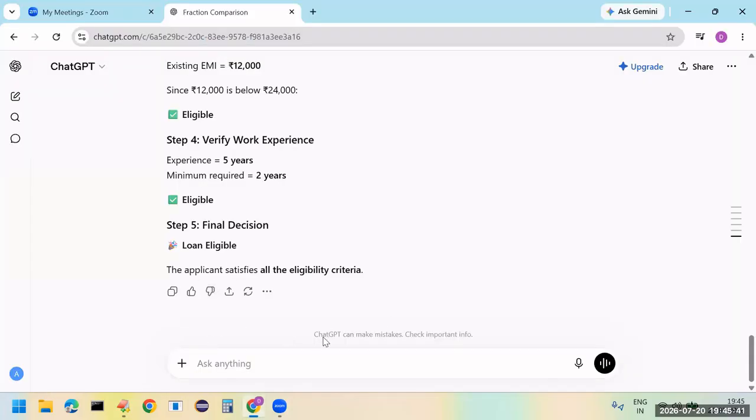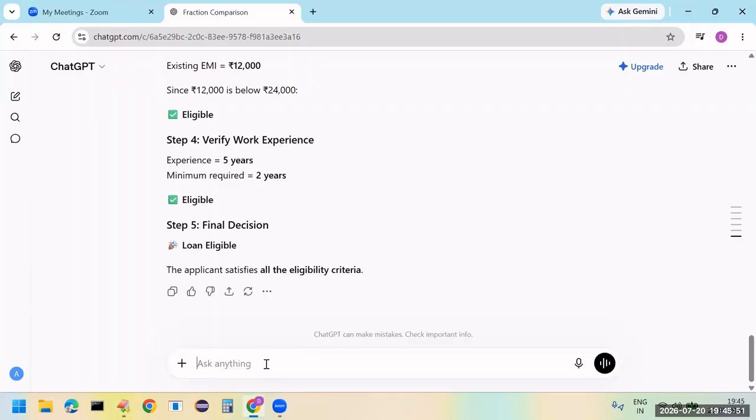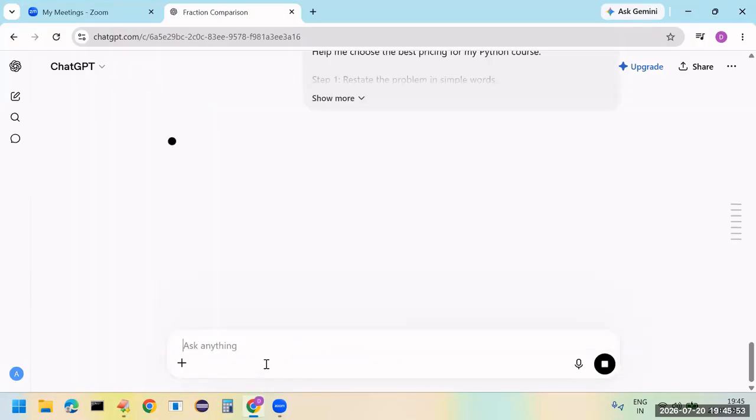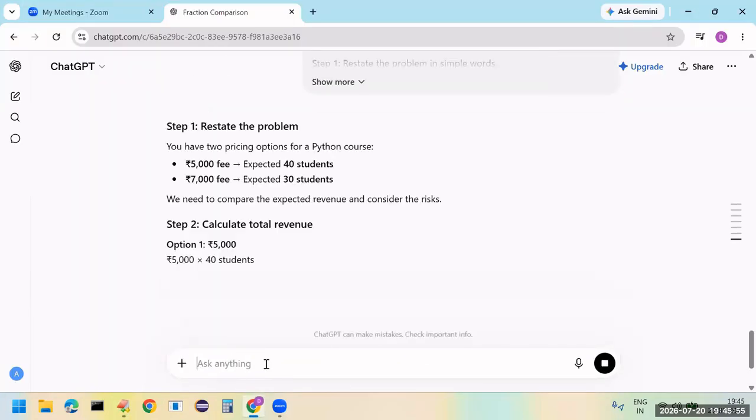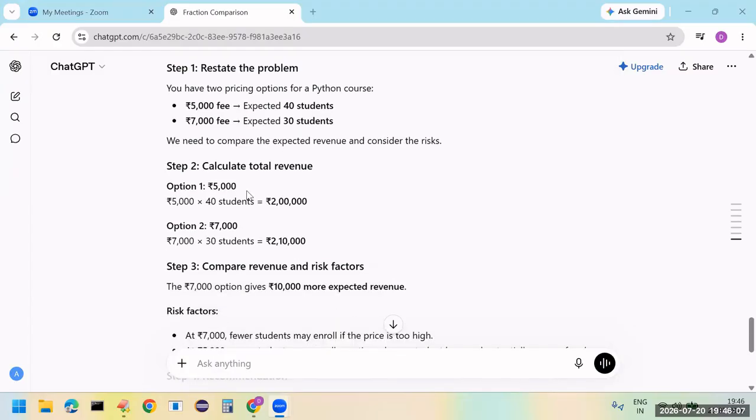Yes. Let's have a look once. Now observe, friends. Restate the problem: you have two pricing options for the Python course, 5,000 and 7,000. You need to compare the expected revenue and consider the risk.